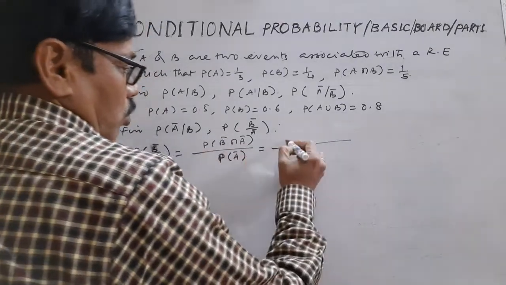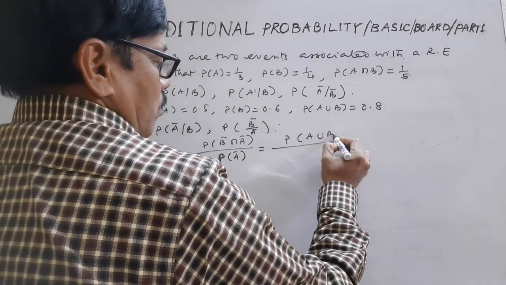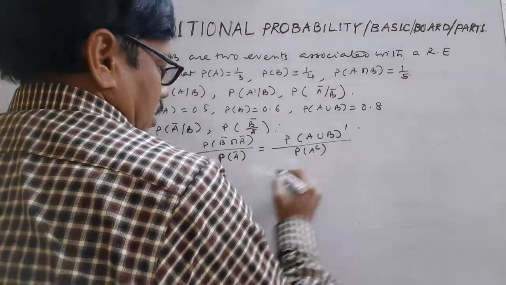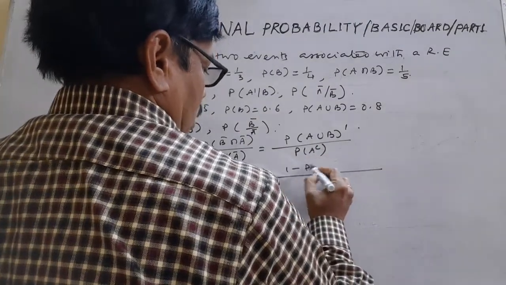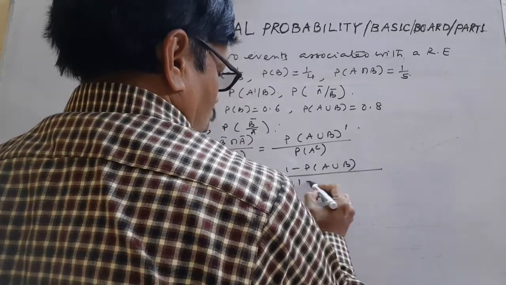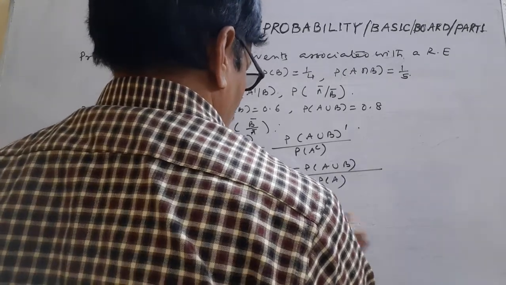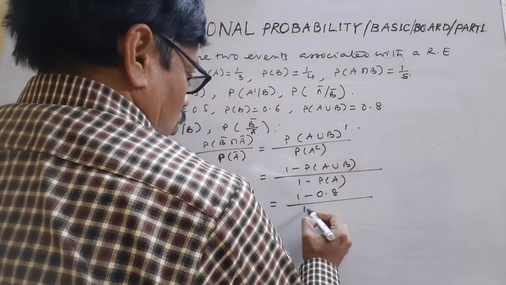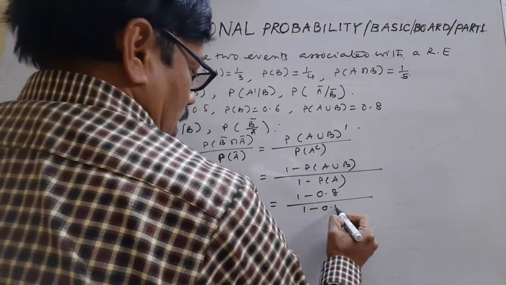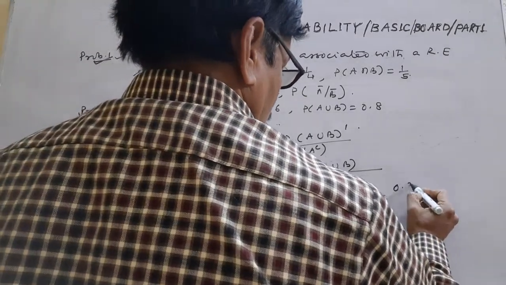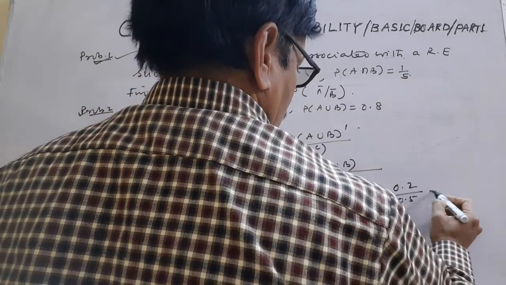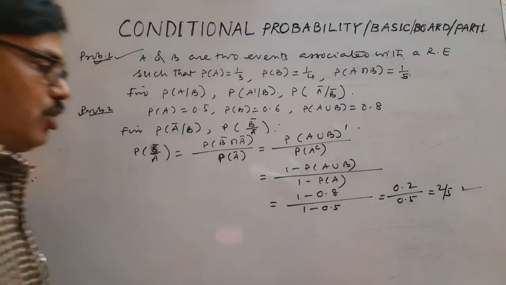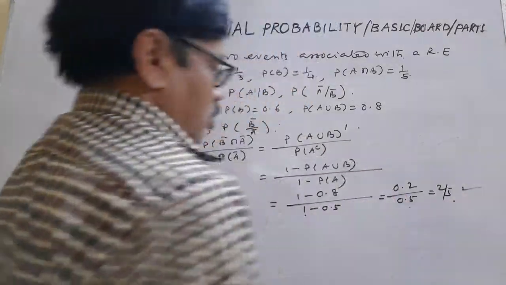By De Morgan's law, both are complements, so (A union B) complement by P(A complement). So this is 1 minus P(A union B) over 1 minus P(A). What is P(A union B)? It is given as 0.8. So 1 minus 0.8 is 0.2, by 1 minus 0.5, which is 0.5. So 0.2 by 0.5 is 2 by 5.